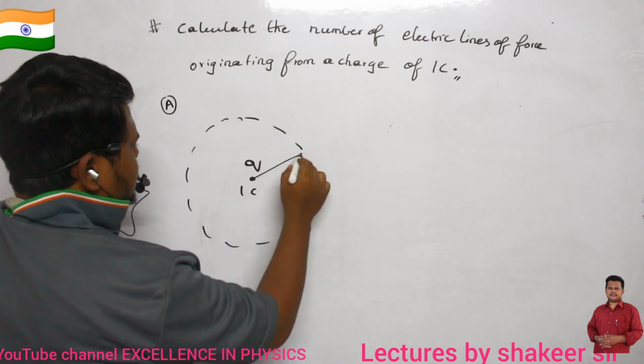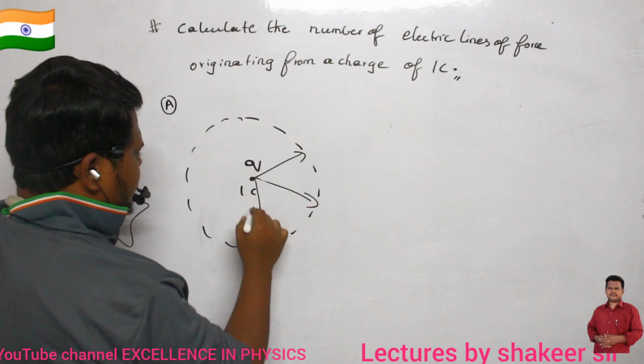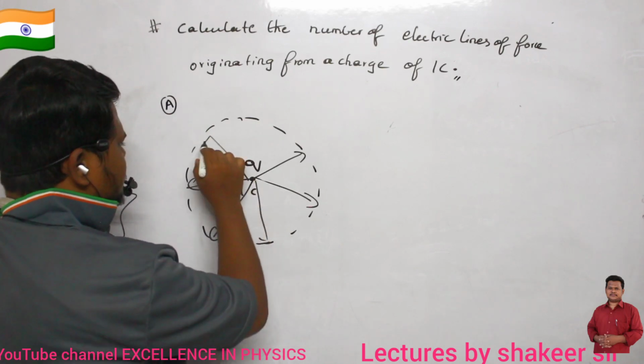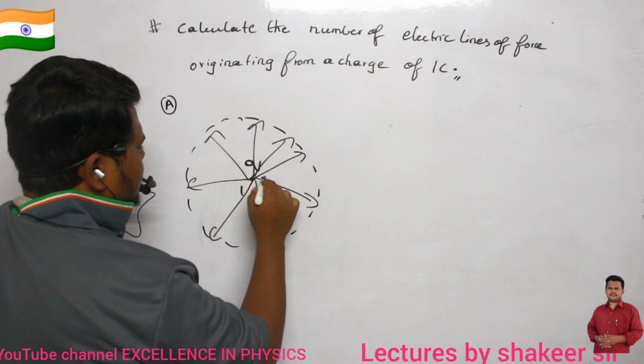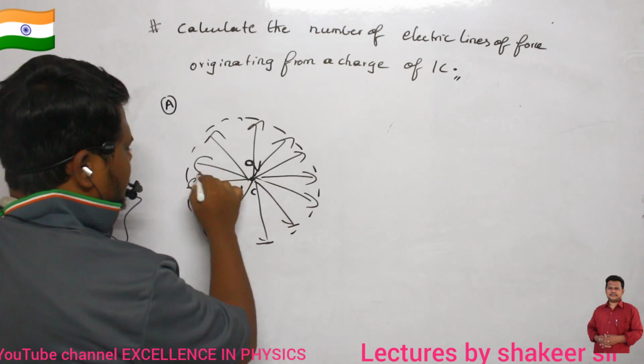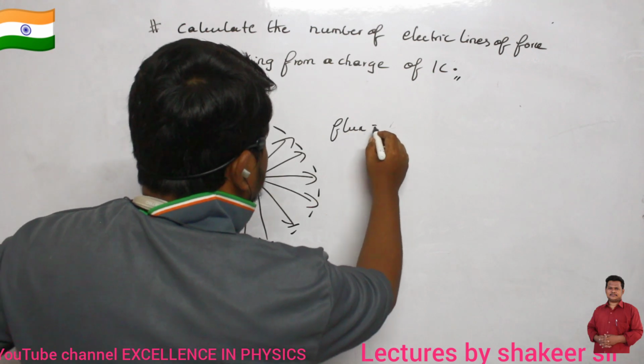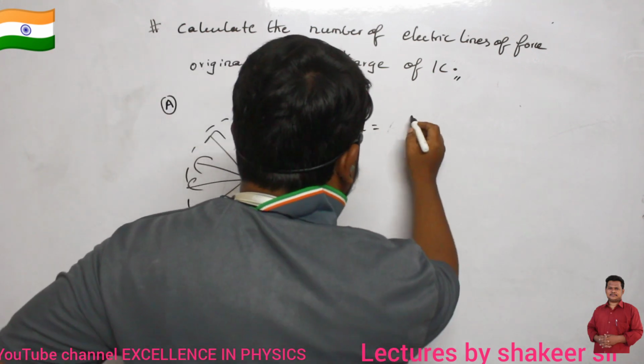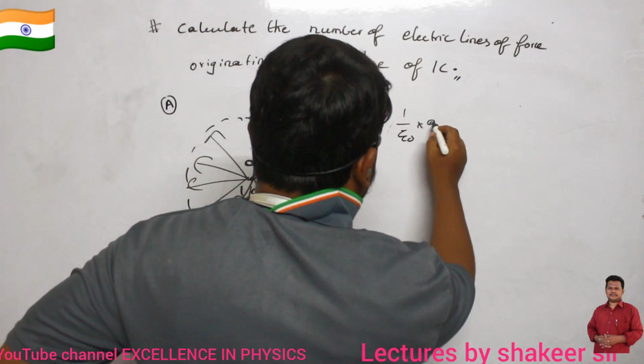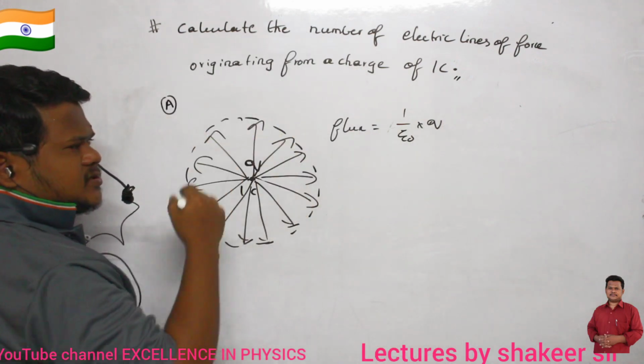Clear, no? So electric lines of force will be coming out of this 1 coulomb of charge in every possible direction. Clear? So therefore, the flux coming out is equal to 1 by epsilon naught times the charge enclosed by a Gaussian surface.